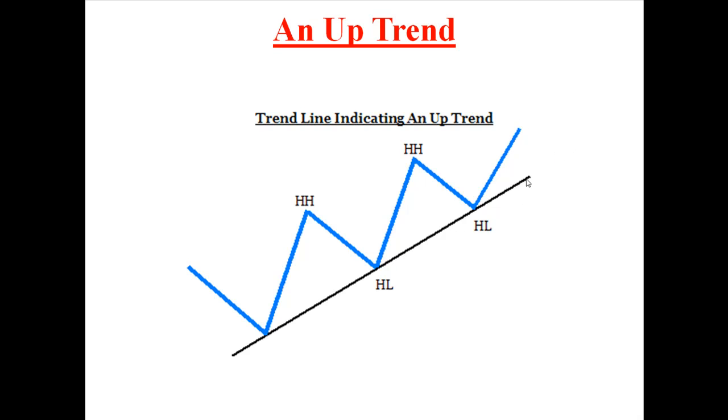And when the trend line is broken, the market goes down. That's a very good time to sell, because this trend line is also acting as a support line. So we're going to discuss support and resistance later on in the next lesson. Okay, so this was a trend line indicating an uptrend.